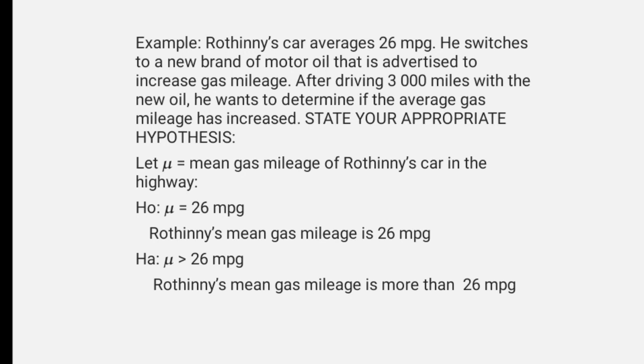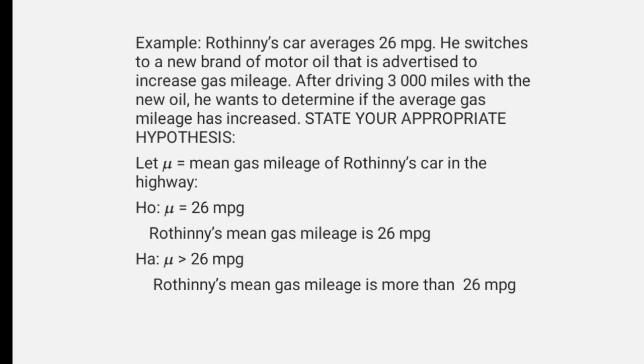So our alternative hypothesis here that we are going to test will be mu is greater than 26 miles per gallon. So Rothen's mean gas mileage is more than 26 miles per gallon after using the new brand of motor oil. Now, that is how we write or construct our null and alternative hypothesis based out of the word problem.